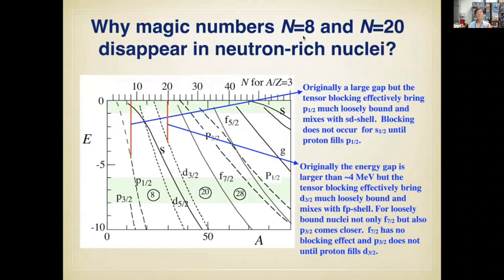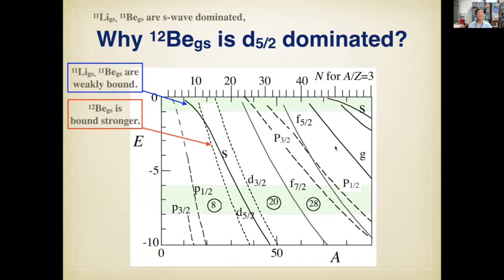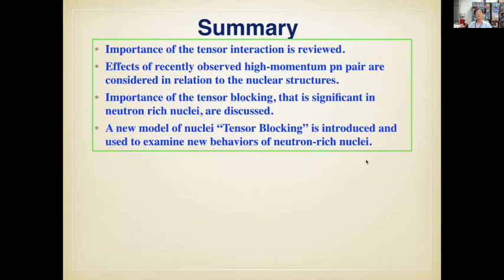And why magic numbers disappear can also be explained because, for example, magic number 20 disappeared because of the blocking of these 3/2, it becomes very close to this one, and the P wave becomes much closer. So that kind of thing occurs, and there are some other things. So essentially, I just skip and conclude.